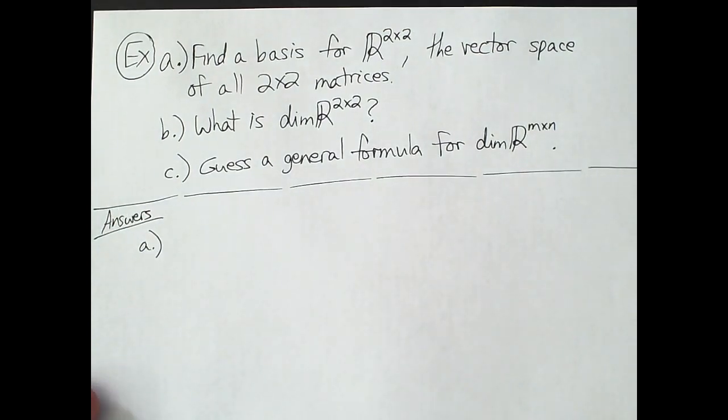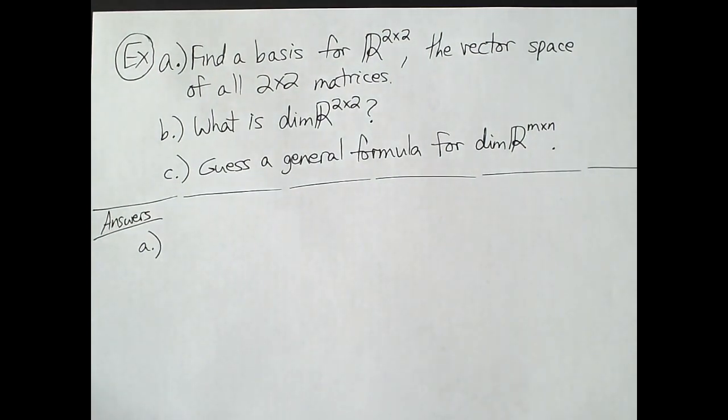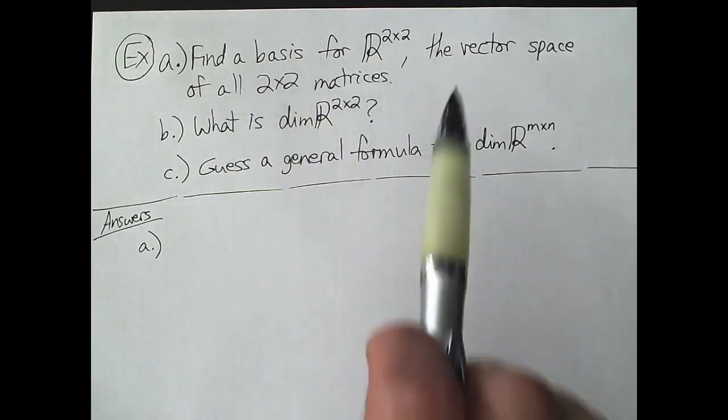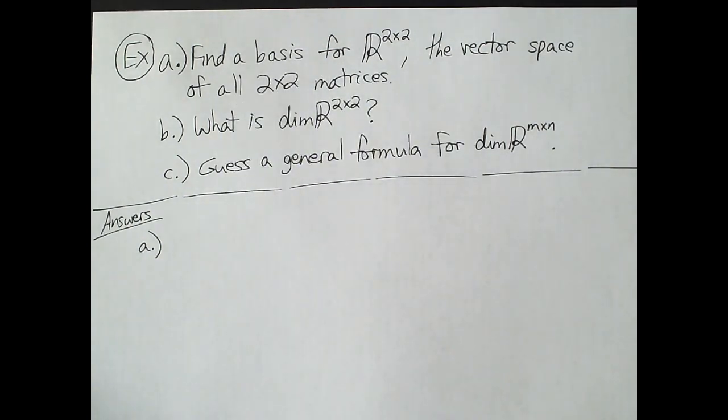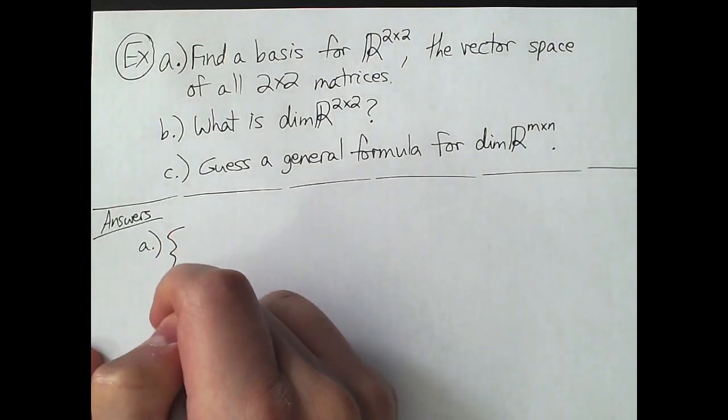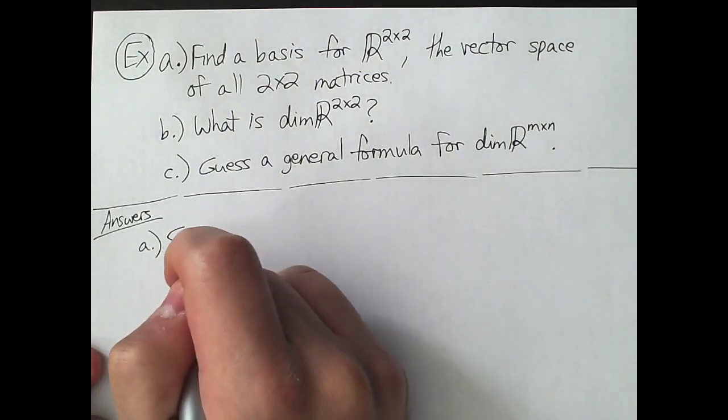So for part A, we need a basis. So I'm thinking, what kinds of elements of R2 by 2 do I need so that when I take linear combinations of them, I wind up getting all 2 by 2 matrices? And here's the basis I came up with.